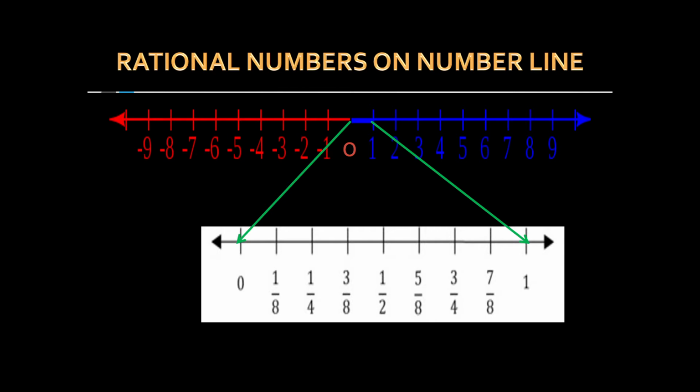We can find many more such numbers. In this way we can find an infinite number of rational numbers between any two consecutive whole numbers or any two consecutive rational numbers also.